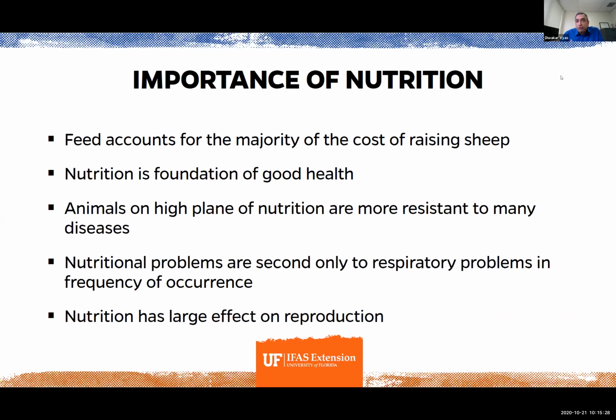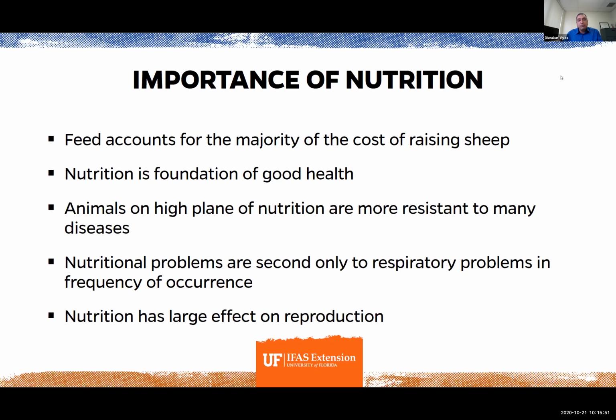Because sometimes we think that we are providing a very adequate, balanced diet, but still animals are not getting enough nutrients, or they are getting more nutrients than what is needed. That results in either undernutrition or overnutrition, and can result in some metabolic or nutritional disorders.